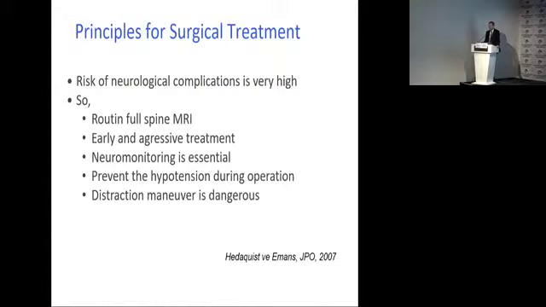When you look at the principles of surgical treatment, of course, the risk of neurological complication is very high, especially according to the morbidity and mortality reports of the Scoliosis Research Society. So we need to have a routine full spine MRI in this kind of patients, and sometimes we need to do early and aggressive treatment in some special circumstances.